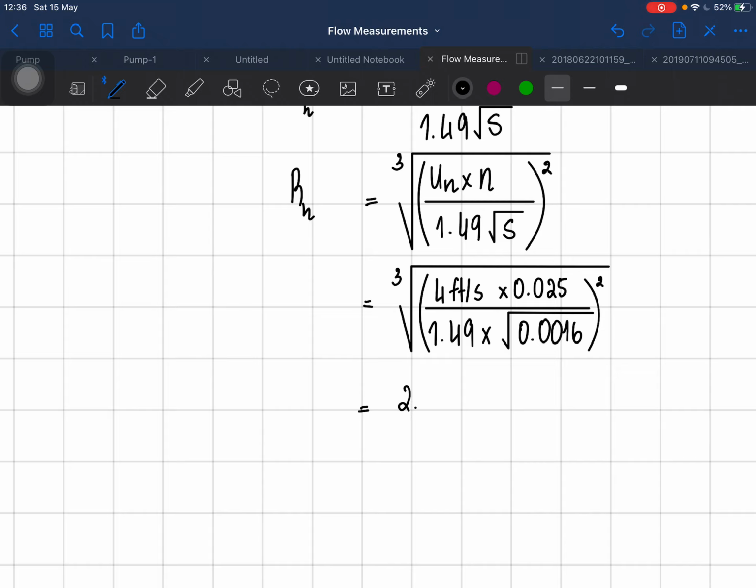What is it? Feet. That's the radius, so it's feet.